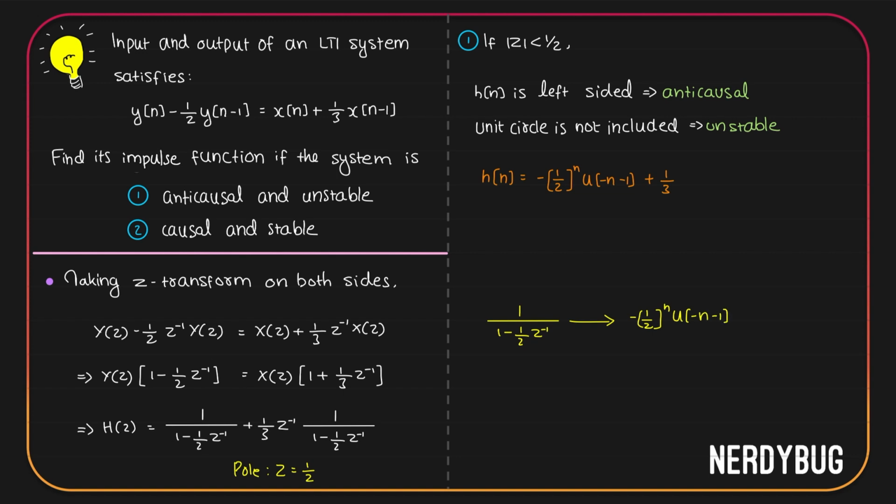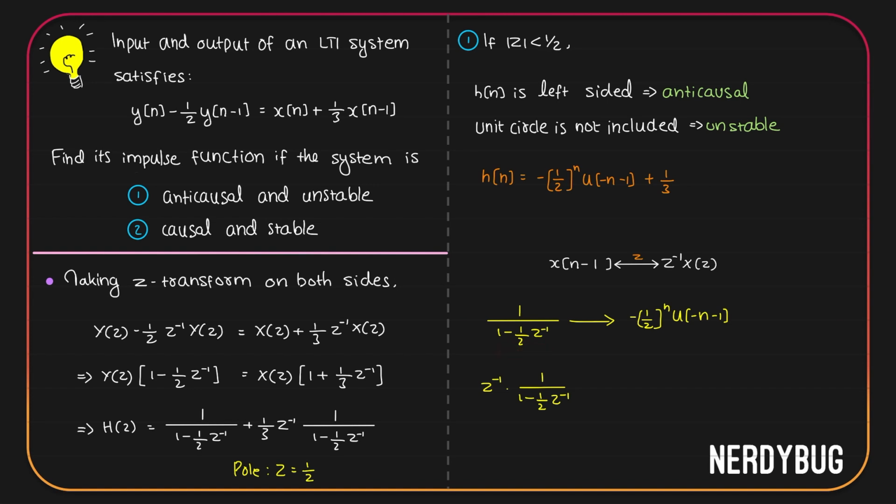But what we have to find out is the inverse of z inverse multiplied by 1 by 1 minus 1 by 2 z inverse. Let us use the time shifting property. Z raised to minus n naught multiplied by x of z is the z transform of x of n minus n naught. Here we have z raised to minus 1, so n naught is 1.